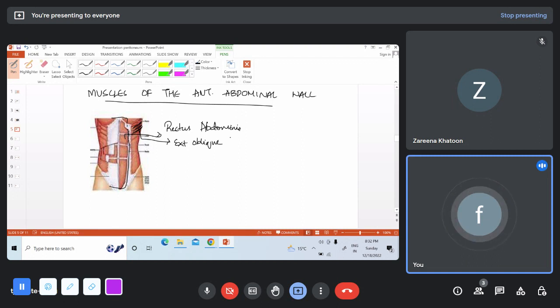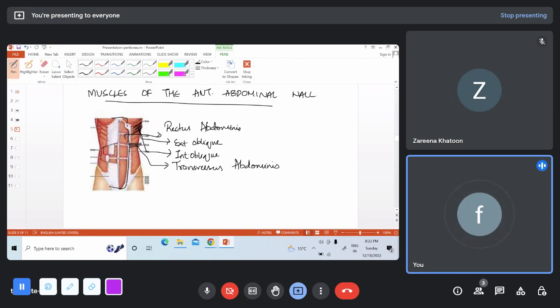When we remove the external oblique muscle, the second muscle which is arranged in a similar fashion obliquely is called internal oblique. This is internal, that is why it is internal oblique. That is external, that's why it is external oblique. When we remove internal oblique, there are a few muscle fibers that are arranged transversely. So that muscle is transversus abdominis.